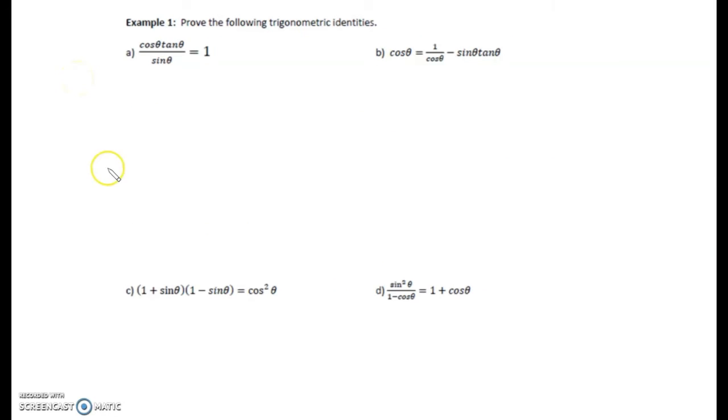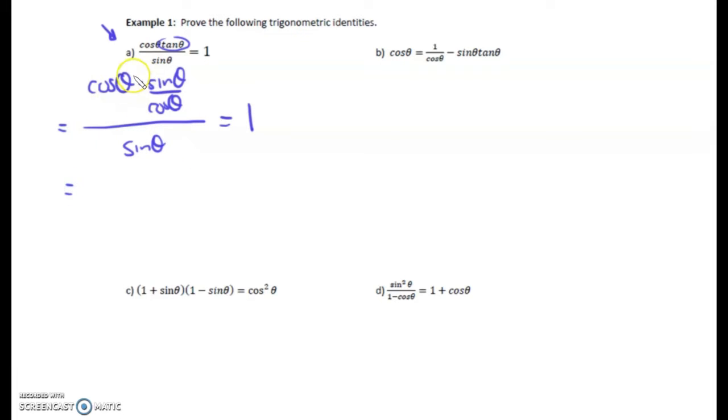Work on proving the following trig identities. We have cos theta tan theta over sine theta equals 1. Always start with the more complicated side. So I'm going to rewrite tan as sine over cos. So cos theta times, and tan is sine theta over cos theta, right? This one I substituted in for tan, all over sine theta equals 1.